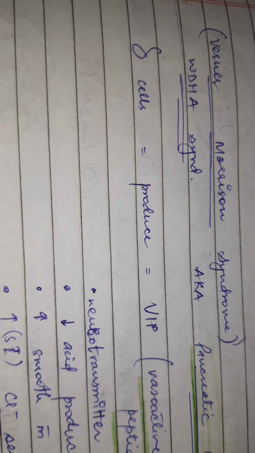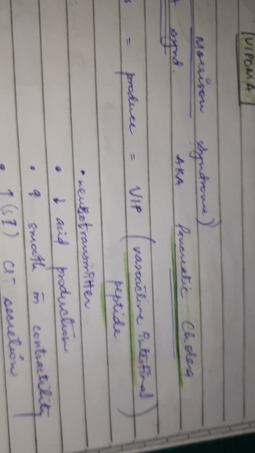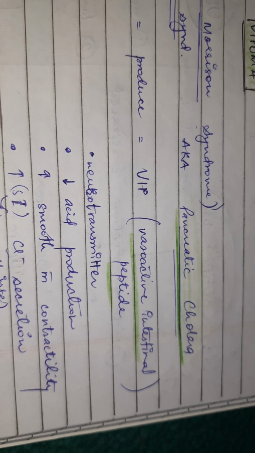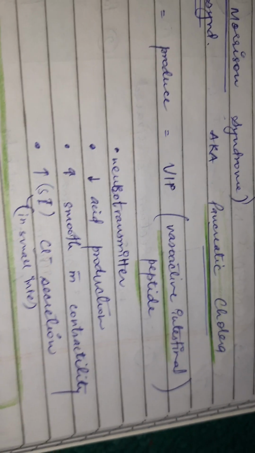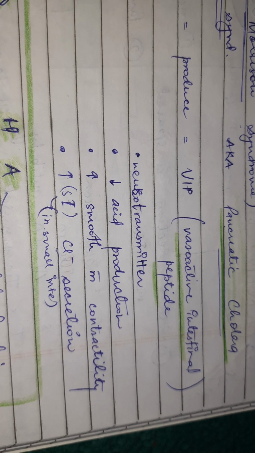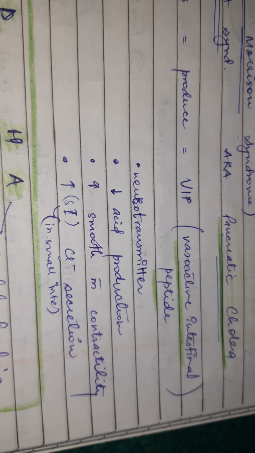Here delta cells produce VIP, vasoactive intestinal peptide, which is a neurotransmitter. It decreases acid production, increases smooth muscle contractility, and increases chloride secretion in the small intestine.